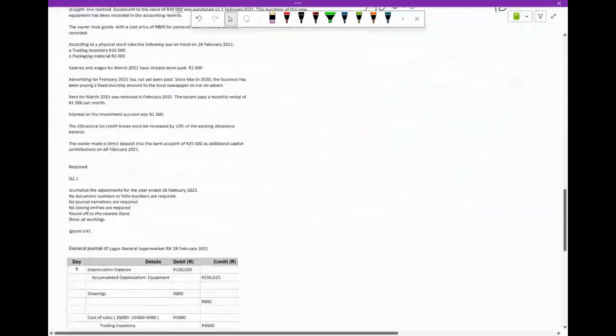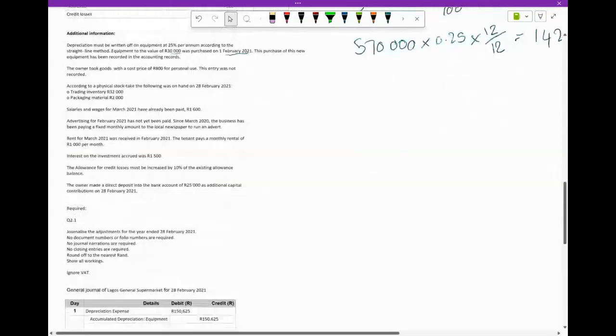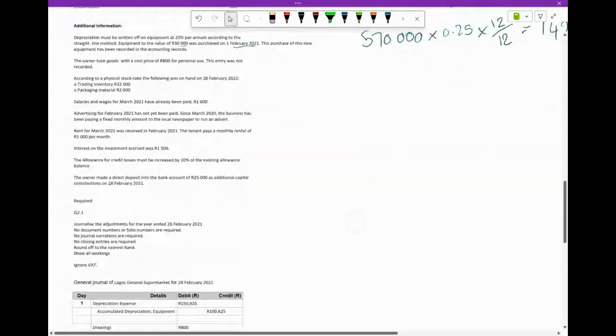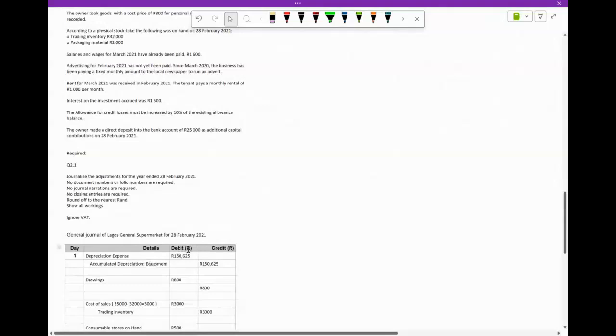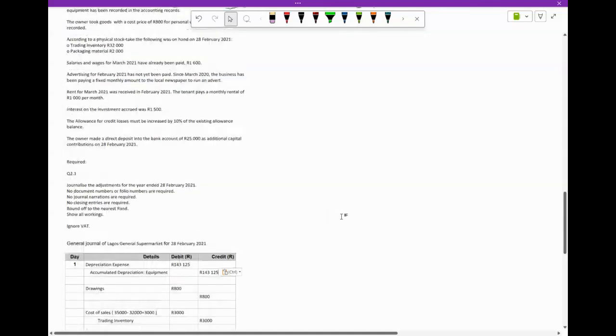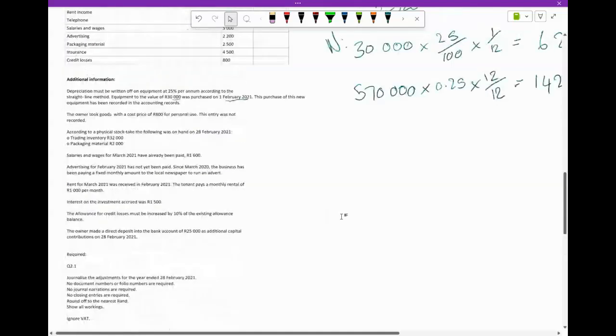So yeah, I don't know where now we got this 150. But this should be the amount, 143,125. Yeah, this is straight line, 25%.